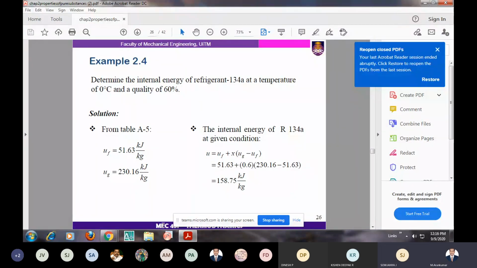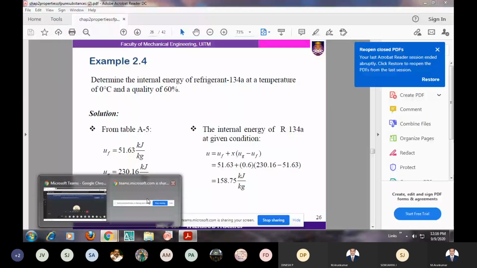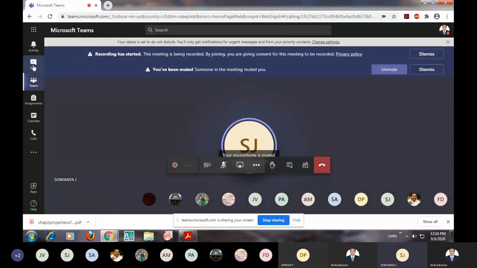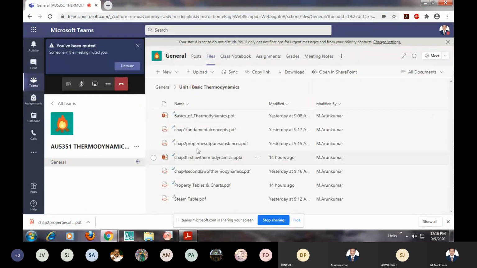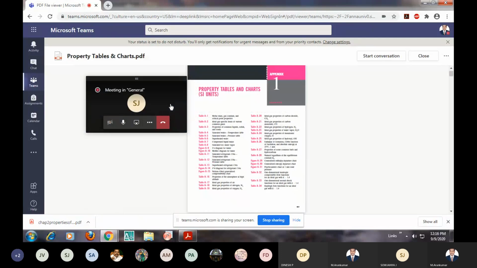Okay, sir. Sir, so we should not see the values in table A5, no, sir? If you go to these files, there will be property tables and charts available. Can you see this table? No, sir.